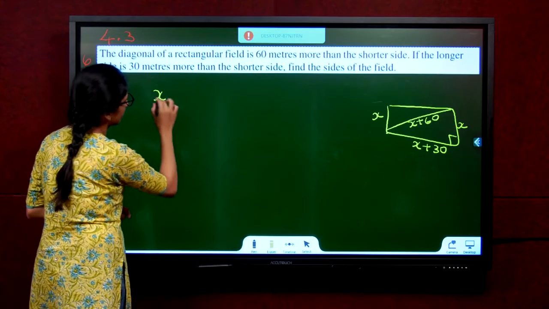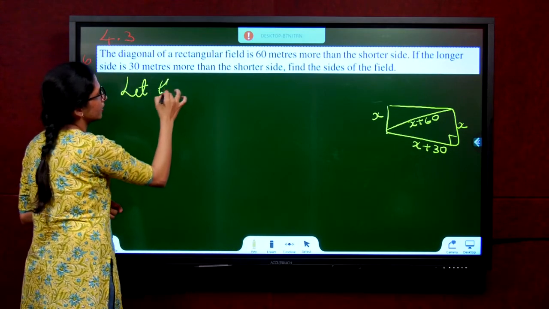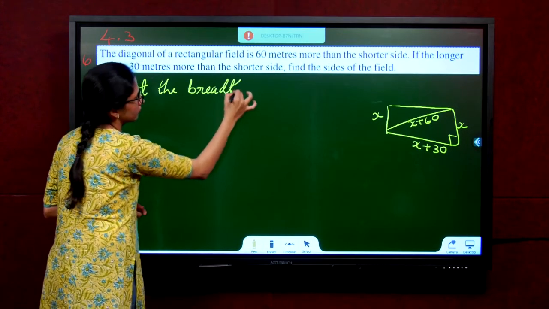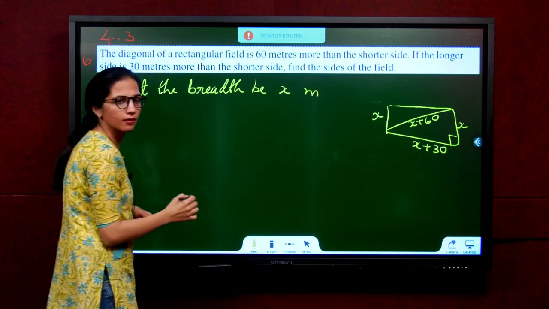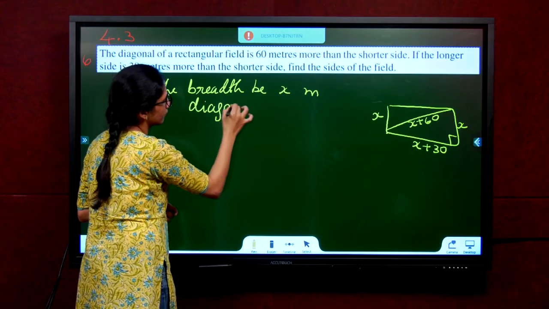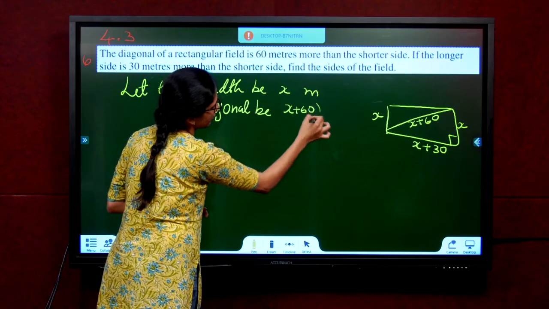First statement, write down, let the breadth be x meters. Next, diagonal be x plus 60 meters.